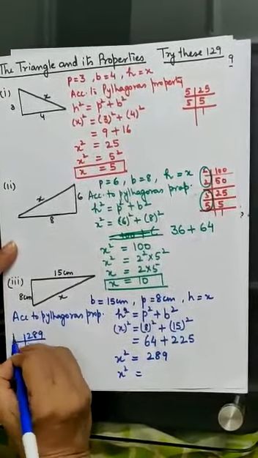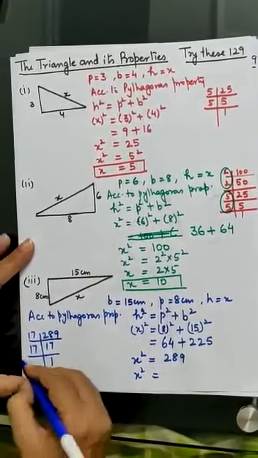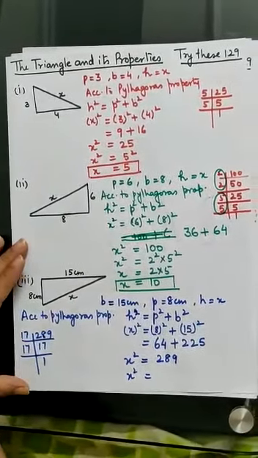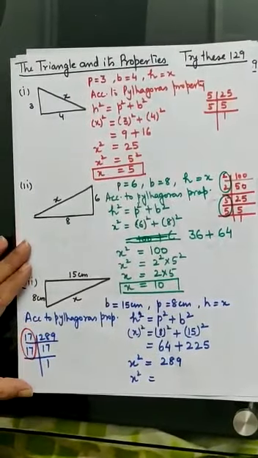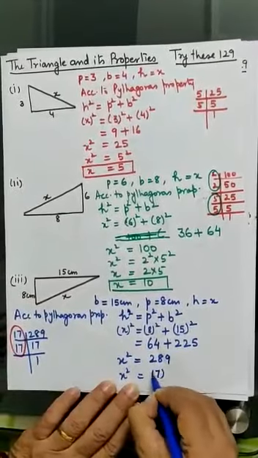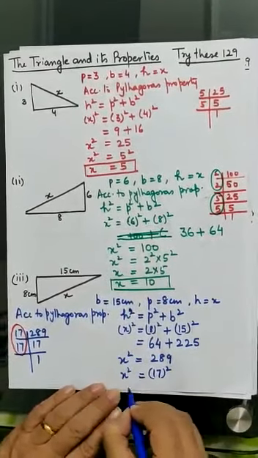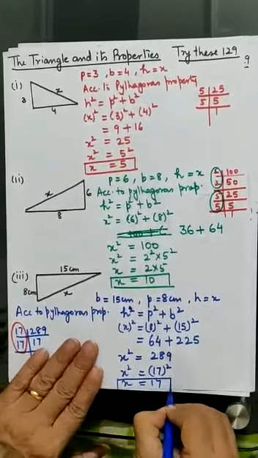It goes by 17. 17 17s are 289, and 17 1s are 17. So here what do you observe? That we have two 17s here, means 17 into 17, which is equal to 17 square. So x square will be equal to 17 square. Now powers are same, so we delete the powers, we get x is equal to 17.